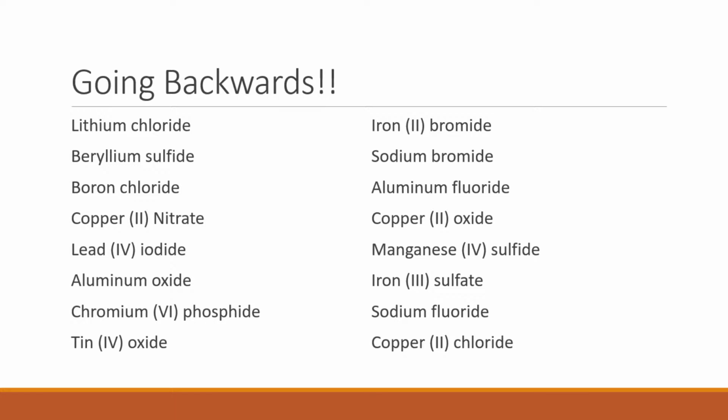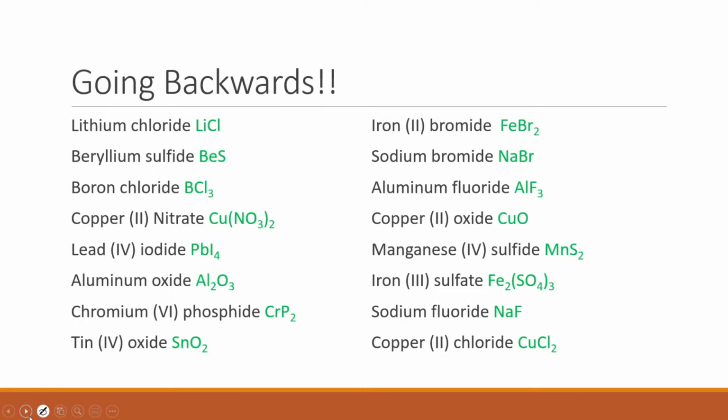When these names are correctly transformed into formulas, we should end up with these formulas. Some of them needed to be reduced, some of them are polyatomic ions, some of them can't be reduced, some of them are just ones from the start.